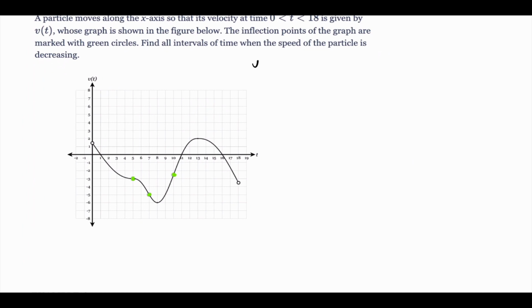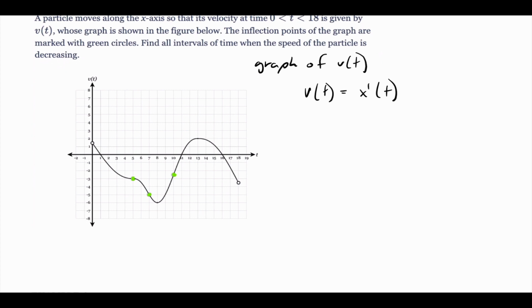So velocity, let me write this down. Velocity is the first derivative of position, and acceleration is the derivative of velocity. That's what we're looking at. The derivatives of position, the slopes of position.